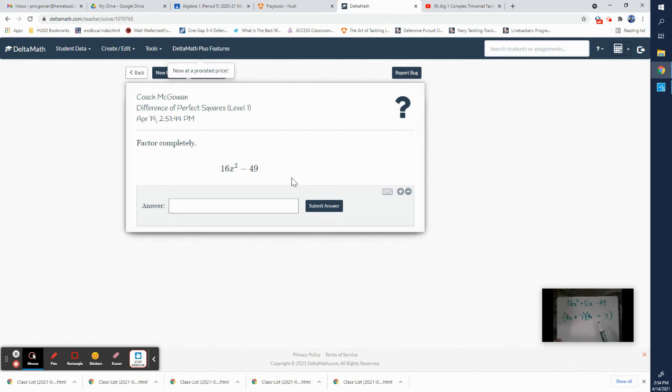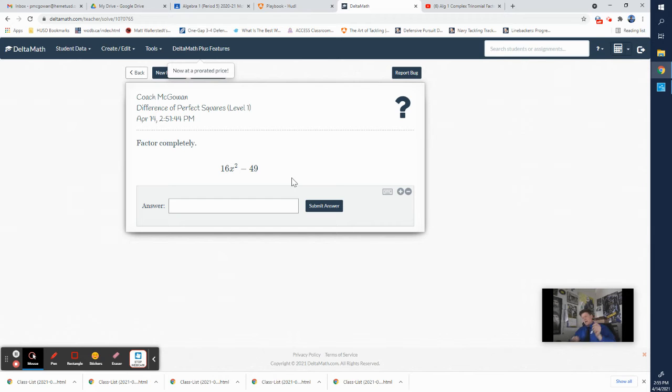Plus, it matches with our last term. It was a positive 7 with a negative 7, which makes that negative 49. It's a positive 4x with a positive 4x, which makes that positive 16x squared. So this is the pattern, guys.